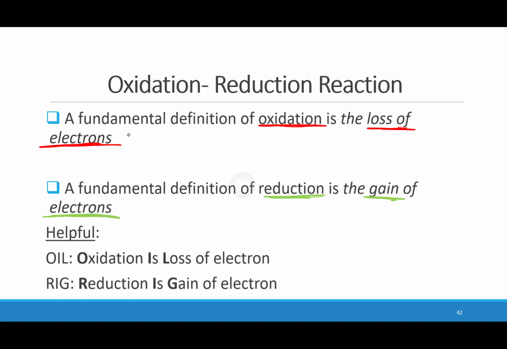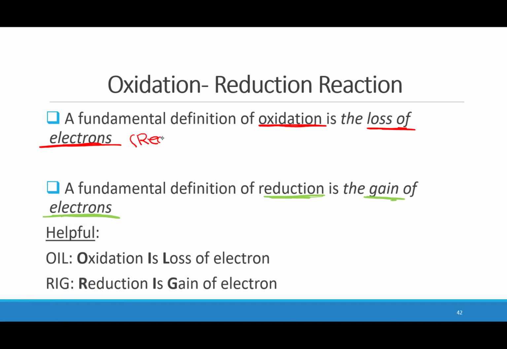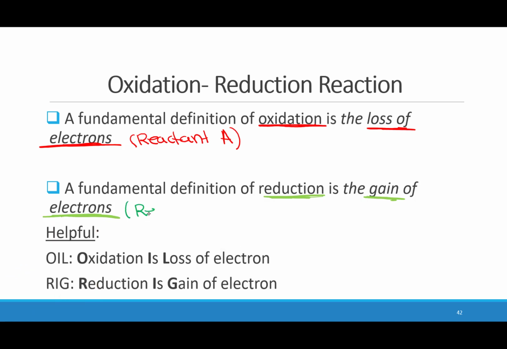For example, if this is reactant A, let me change color, reactant A, and this one is reactant B. What happens is that reactant A loses the electron, it becomes oxidized, and reactant B gains that electron, it becomes reduced.